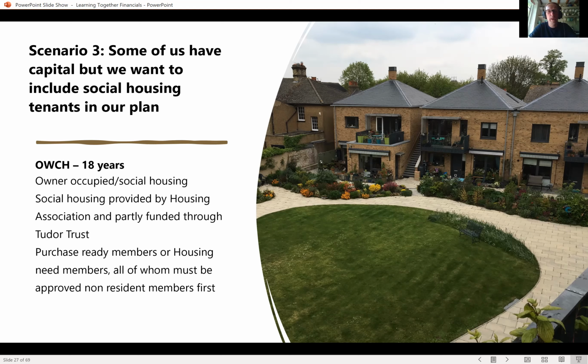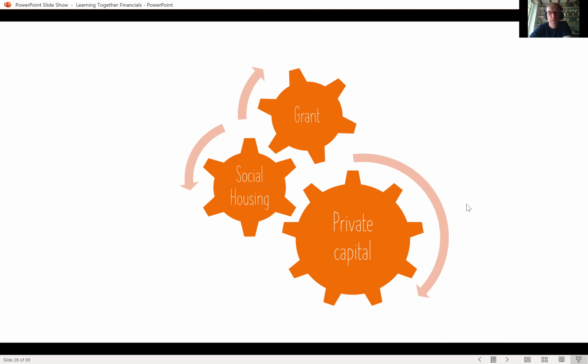But this is a way of creating an integrated community, really, and trying not to exclude people or create gated property developments that there is a danger of doing with some community-led housing projects. And they got funding through the Tudor Trust as well, so there is some additional funding from a grant. And again, you can see the basic sources of funding: private capital, social housing, and grant.